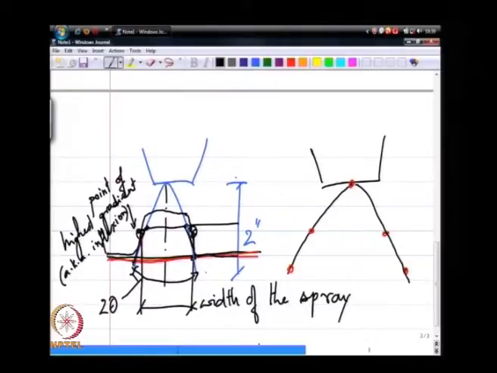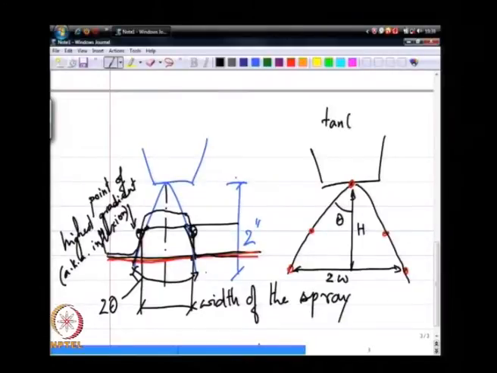Now, a simpler variant of this is to just make this measurement at one axial location. So, if I know this width, I will call this 2 w, and if I know this height, if I call this h, I can define this theta to be h over w or w over h.